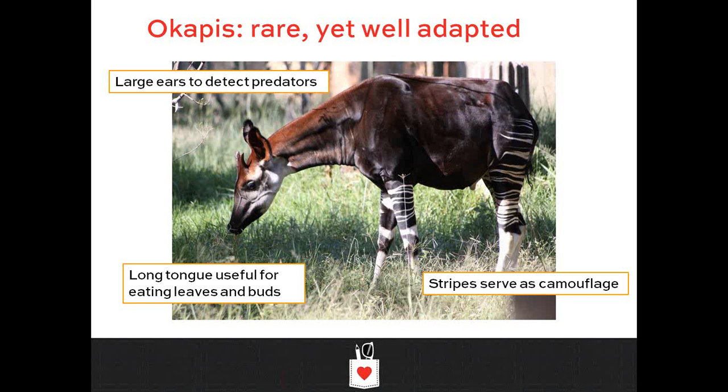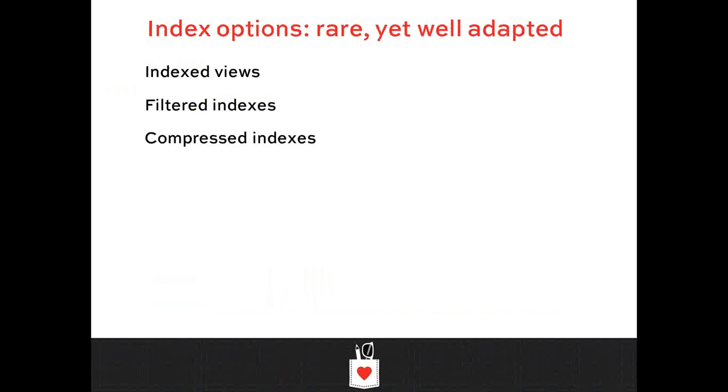So within SQL Server, we have some index types that I would call the Okapis of SQL Server indexes. Today, we're going to talk about index options that are rarely seen but well adapted for certain situations: indexed views, filtered indexes, and compressed indexes.